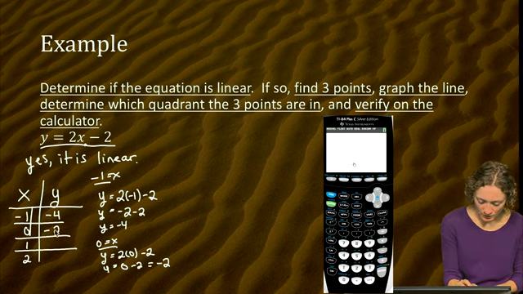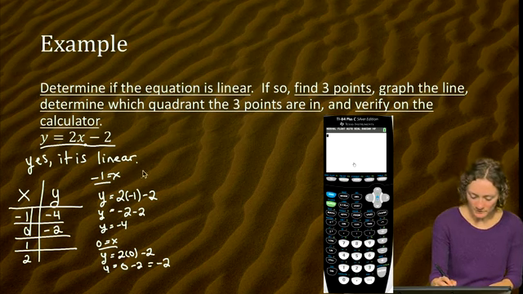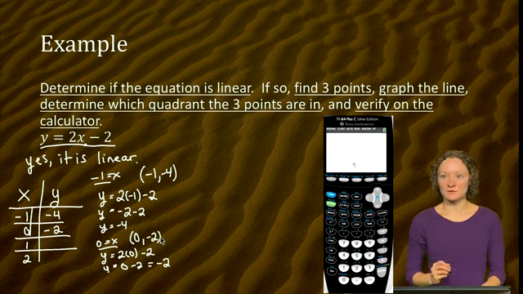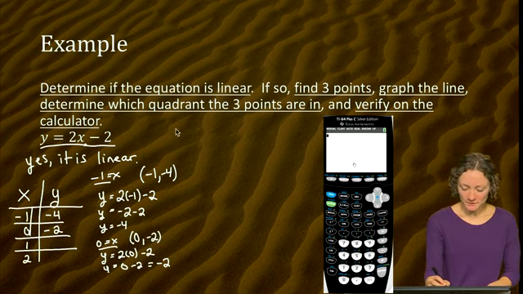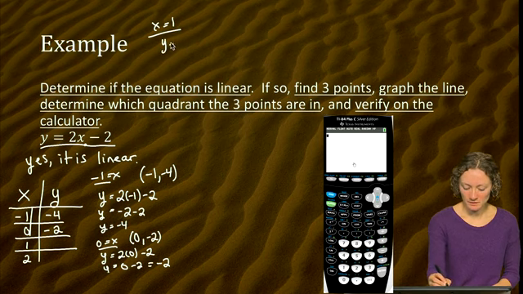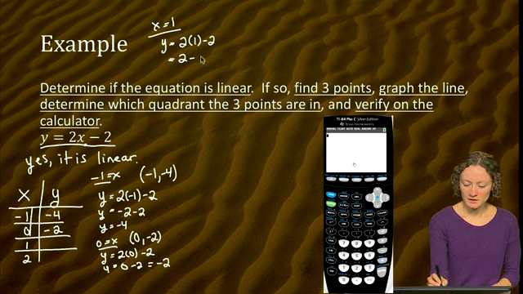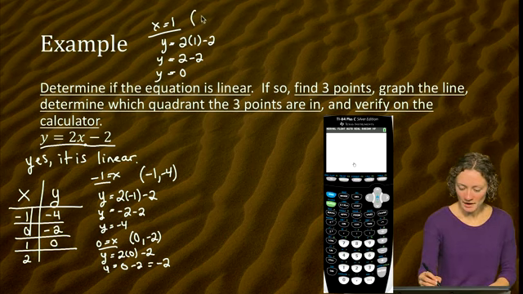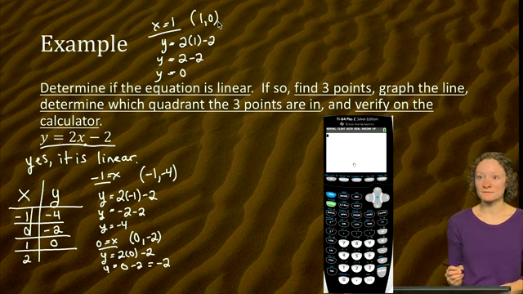Okay, so there's our second ordered pair. First ordered pair, -1, -4. Second, 0, -2. Third ordered pair, if we plug in 1 for x, we get 2 minus 2, which is 0. So our next ordered pair, 1, 0.